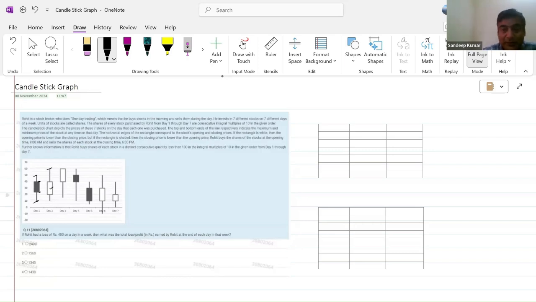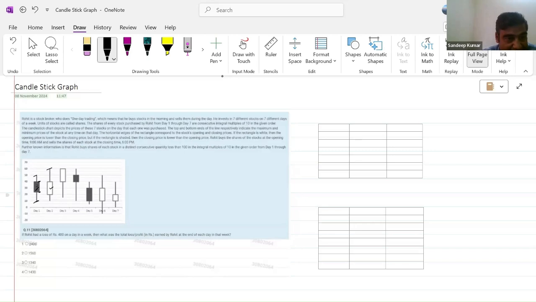On day 1, the rectangle is shaded. That means the opening price is higher than the closing price.